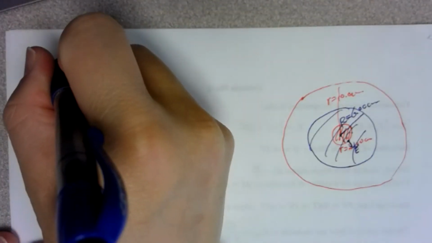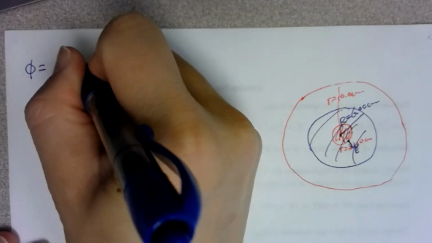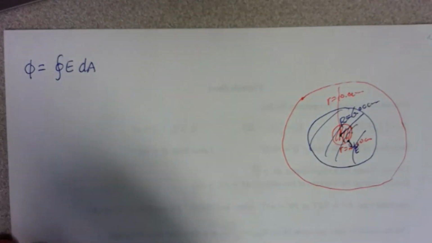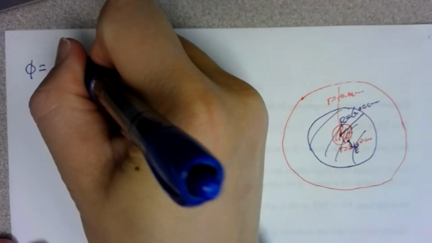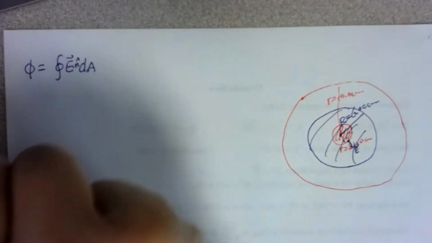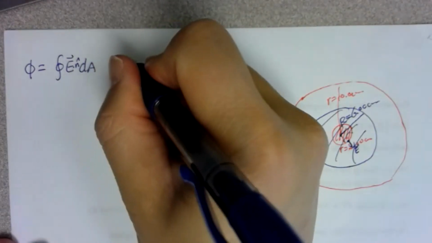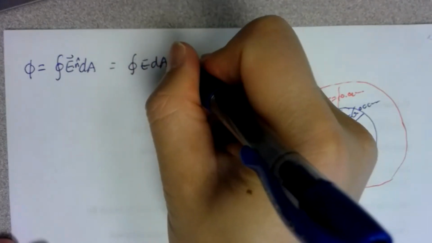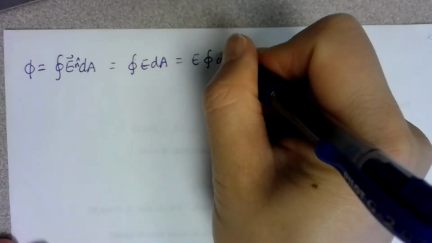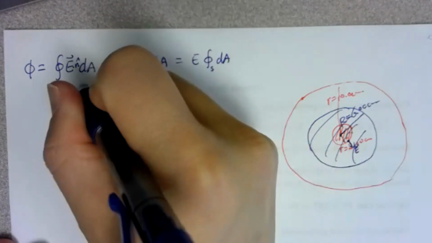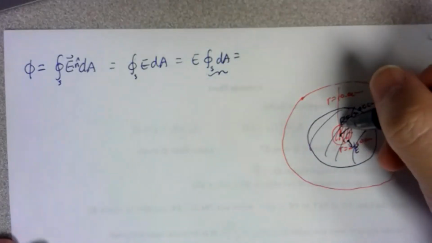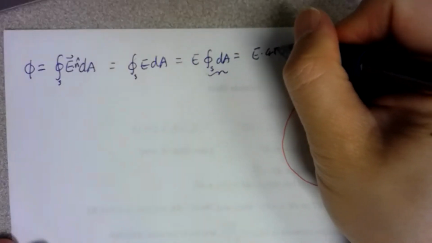So according to Gauss's law, you can integrate E dot n dA, and E and n are in the same direction, so you just take the magnitude out. Now E is constant, so E integrated through the whole Gaussian surface gives the area of that small sphere: E times 4 pi r squared.